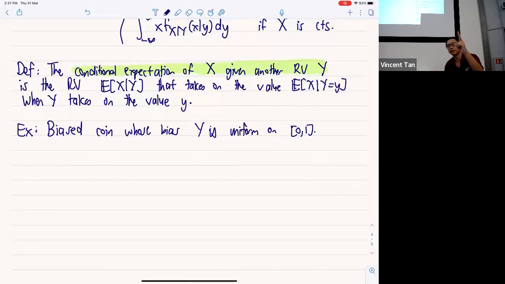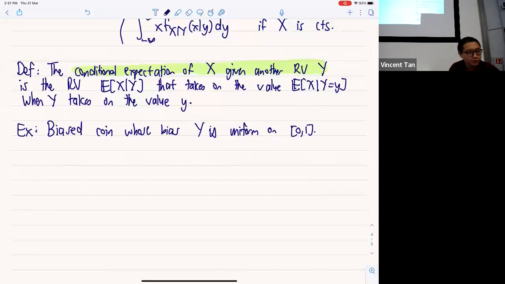There are 2 sources of randomness here. One source of randomness is the bias of the coin, meaning the probability of heads. The probability of heads is itself a random variable and is uniform on the interval 0, 1. Next, once you fix the probability of heads, which is capital Y, you're going to toss a coin a few times, and then you will ask a few questions.